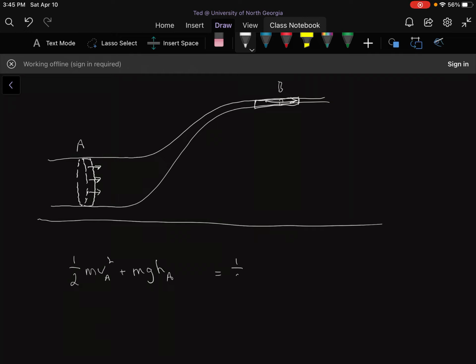So that water's got kinetic energy, 1/2 mass times velocity at B squared, plus potential energy, mg times height at B. That's the gravitational potential energy. And it turns out we just need one additional kind of energy to make this work. Because it turns out that a fluid, when it's under pressure, has potential energy.